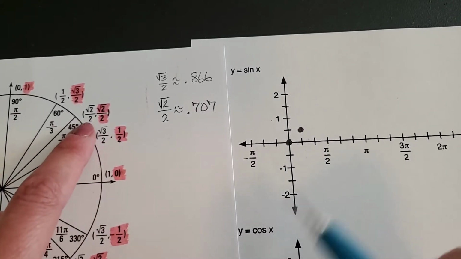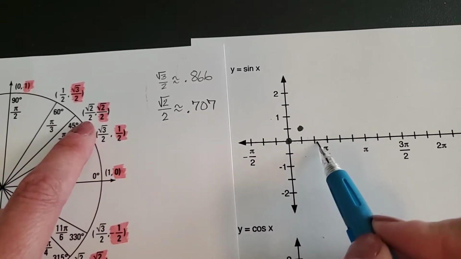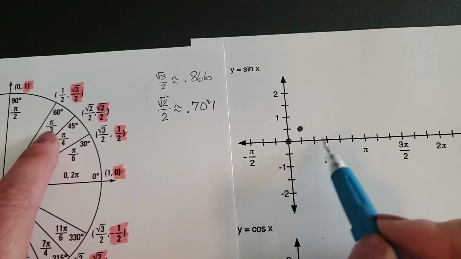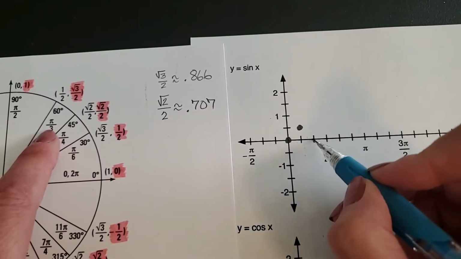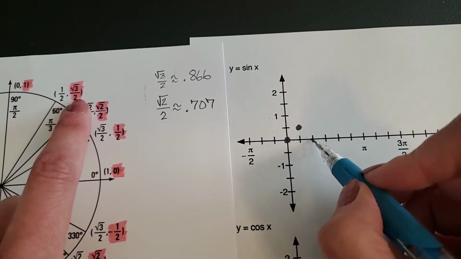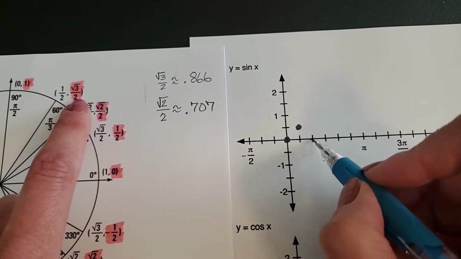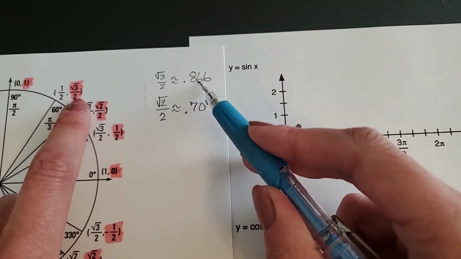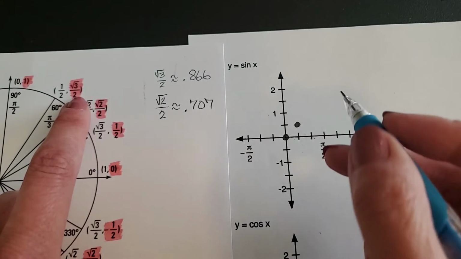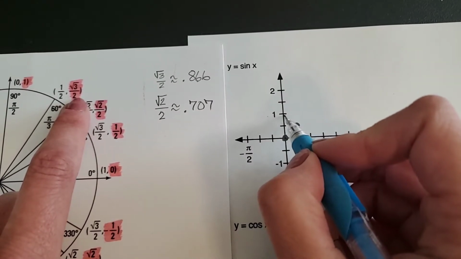I'm going to skip the pi/4 just because of how I have my horizontal axis incremented. Then at pi/3, which would be this next spot, I'm at √3/2. Well, that's where I need to look at this decimal approximation here. √3/2 is about 0.866. I'm going to sort of note that.